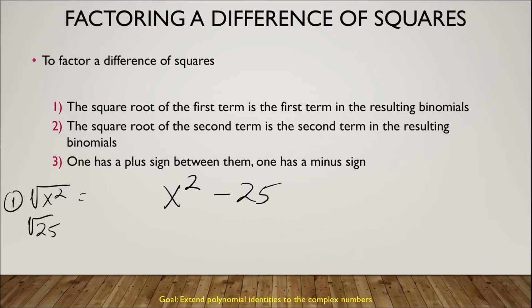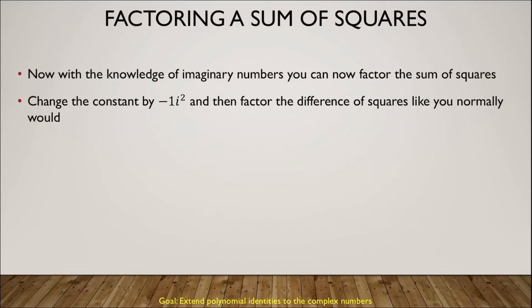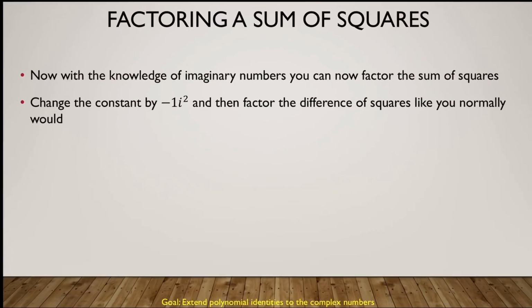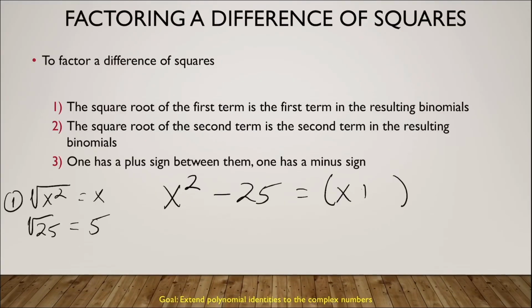So x squared would be x. The square root of 25 is 5. The square root of the second term is the second term of the resulting binomials. So if I were to factor this, it'd be x plus 5, x minus 5, right?